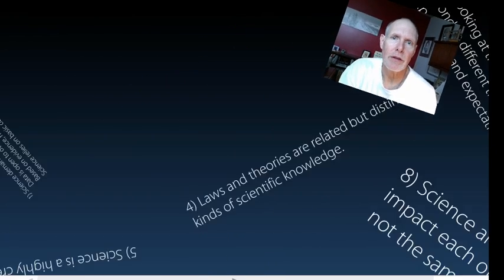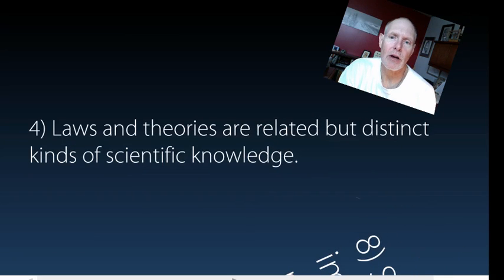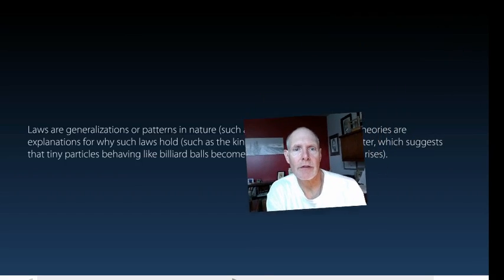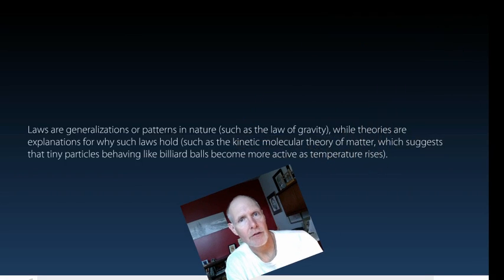This is the fourth point of the nature of science, and that is that laws and theories are related, but they are distinct, different kinds of scientific knowledge. For example, laws are generalizations or patterns in nature, such as the law of gravity or Charles' law, and there's other laws like that.